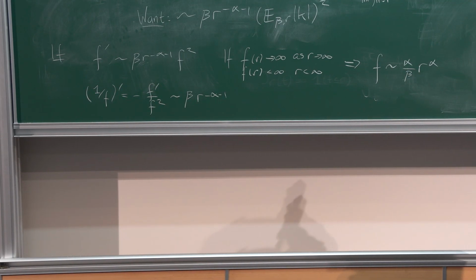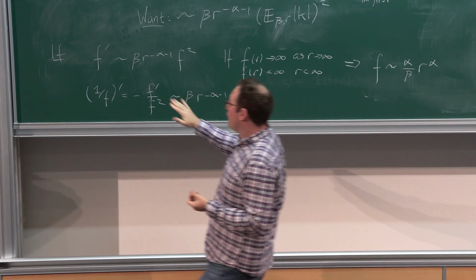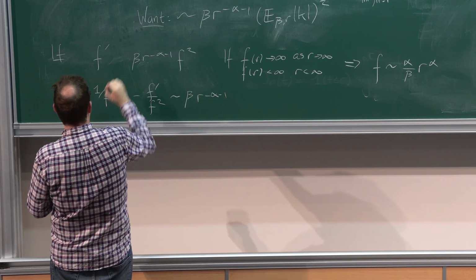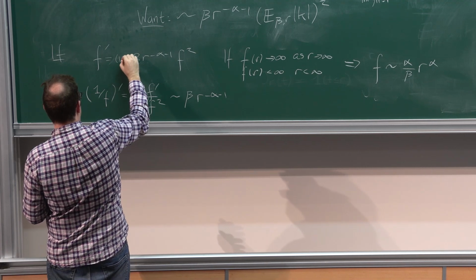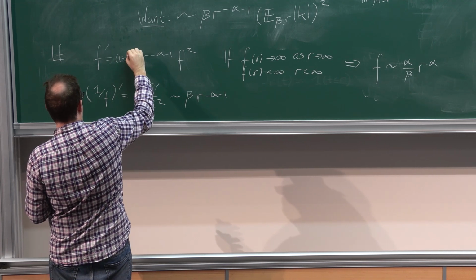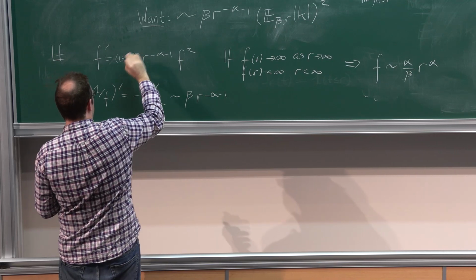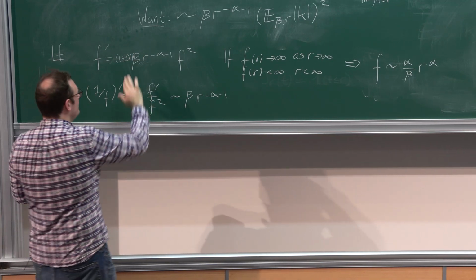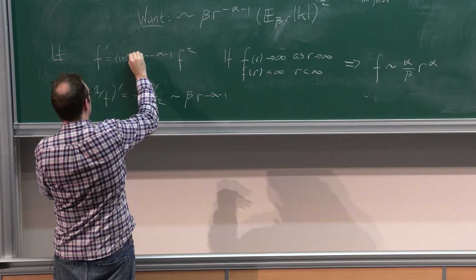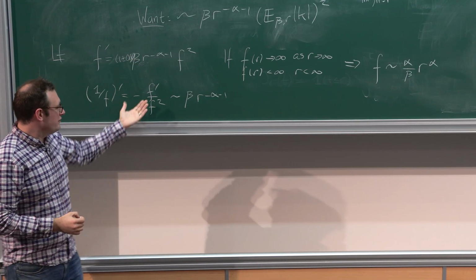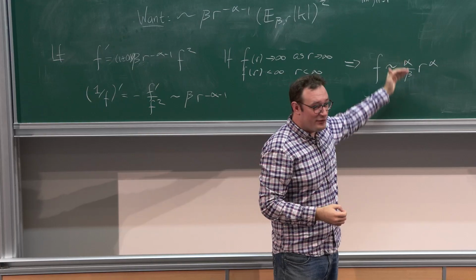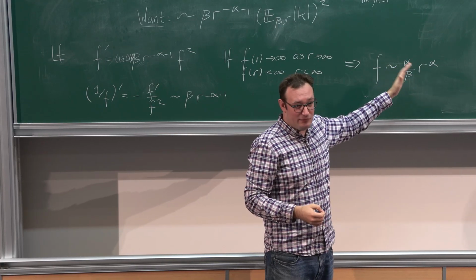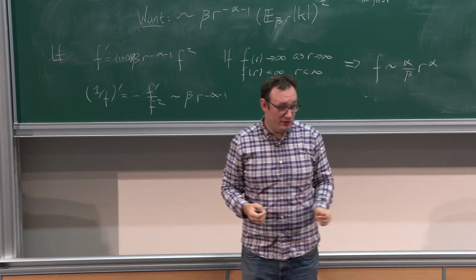Moreover, you can see this analysis is very robust in that if you just knew, for example, that this was equal to this plus or minus something bounded but small, then you would also get, by the same analysis, that f is equal to this up to some small constant multiples.